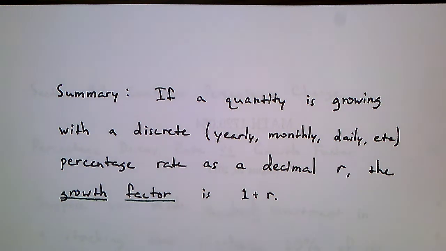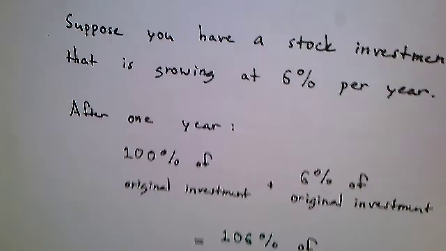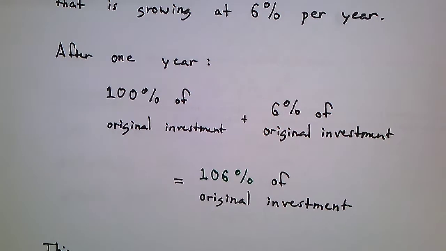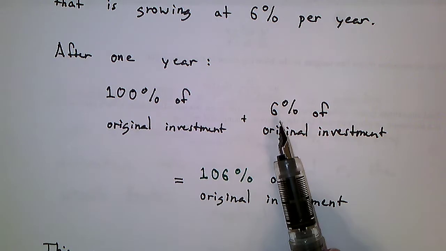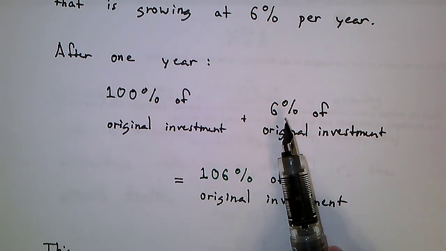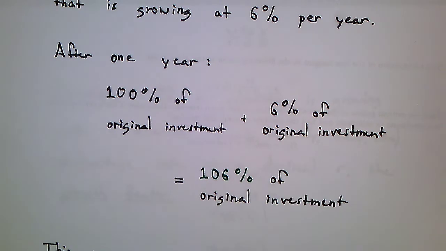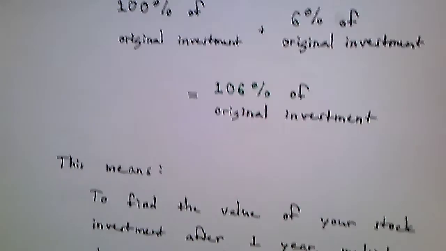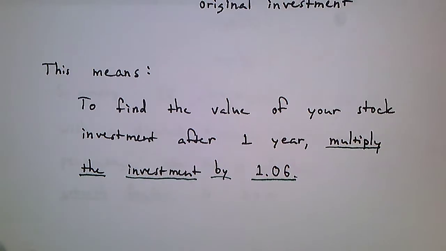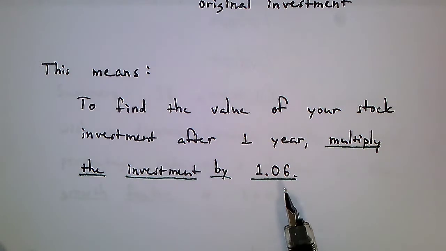So relating back to what we just talked about in the example, our growth rate was 6%, and if you convert that to a decimal, it's 0.06, and if you add 1 and 0.06, you get this multiplication factor, 1.06.